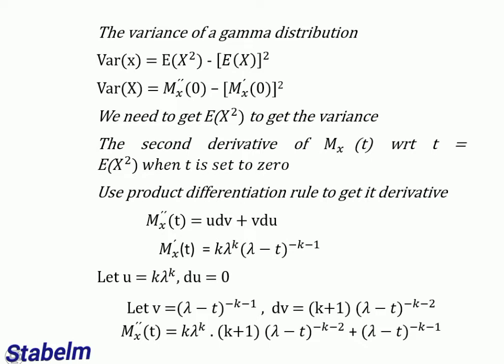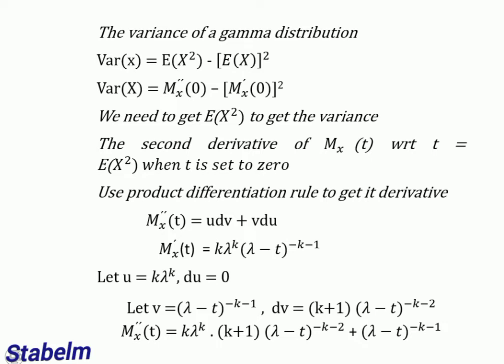Using this formula, from here we have our u, which is k lambda raised to power k, and our dv is this, and that is what will slot into this place. Then we have plus v. Our v is this, we have it here. Then we have a du, and our du is 0. That is why we have 0 there.